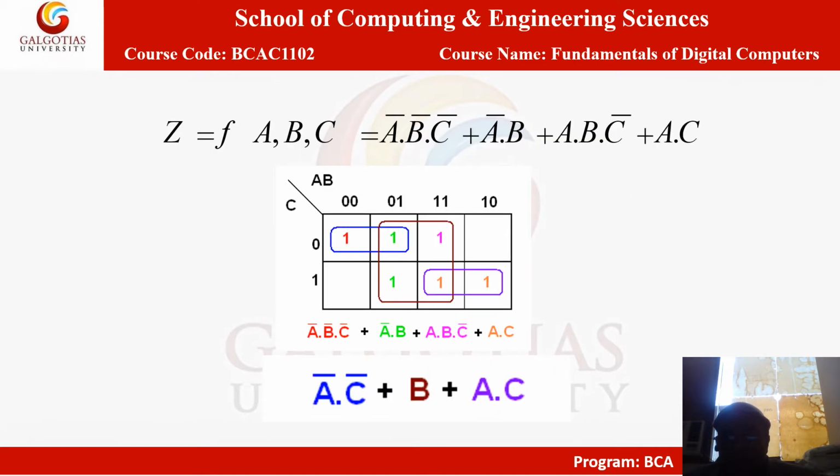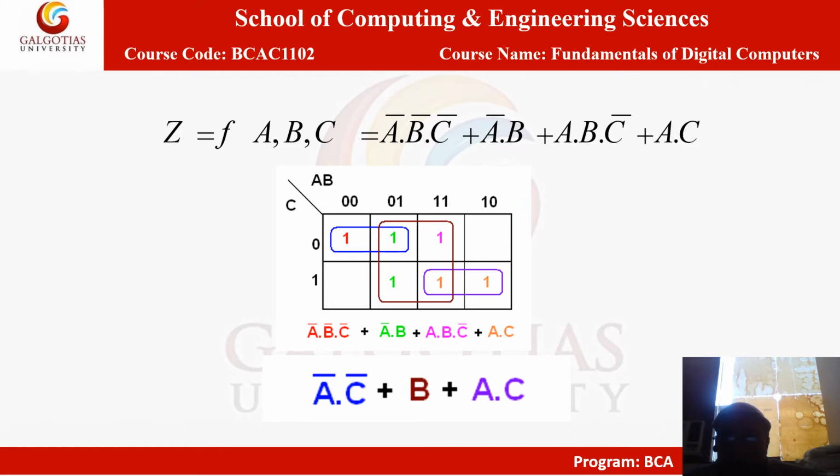Now look here. The first group of these 2 1s, means this one and this one. How can it be represented? Here the value of A is 0.